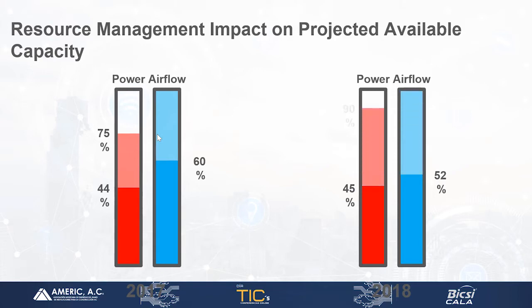But by the end of 2018, they recovered a significant amount of that stranded capacity by changing their data centers so that they use airflow much more effectively and efficiently, freeing up a lot of UPS power for use by IT equipment.